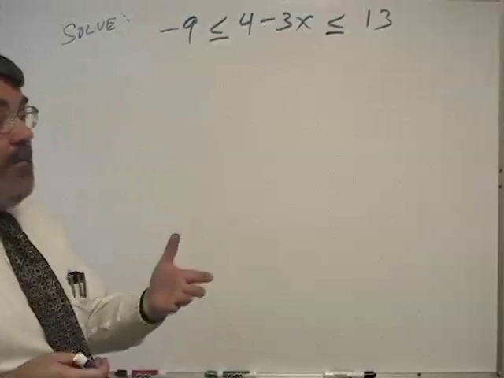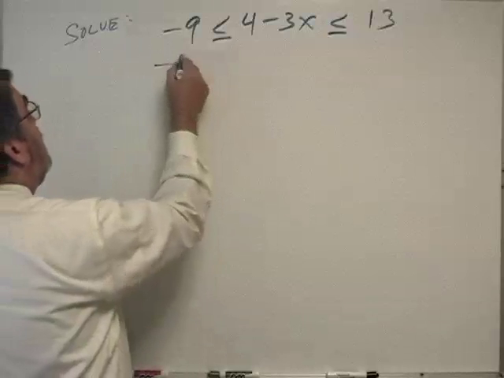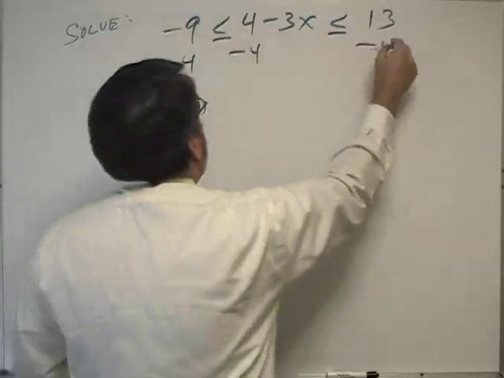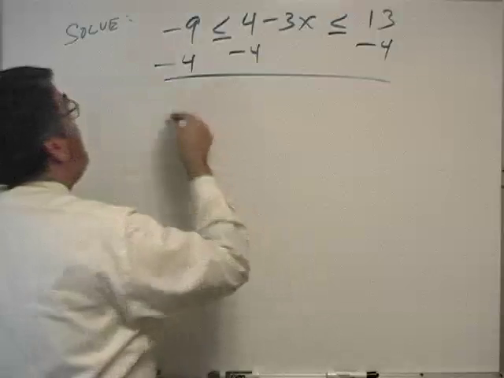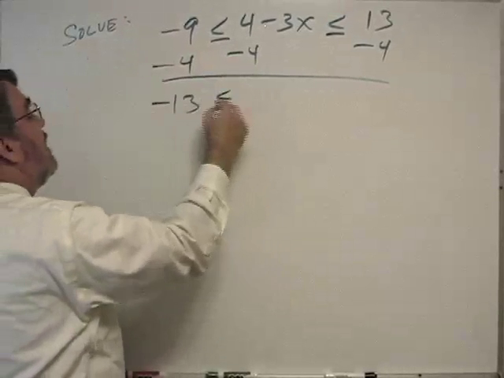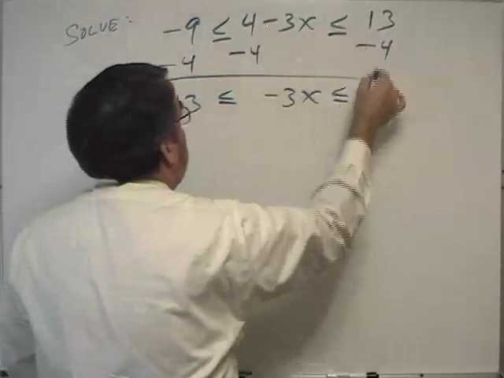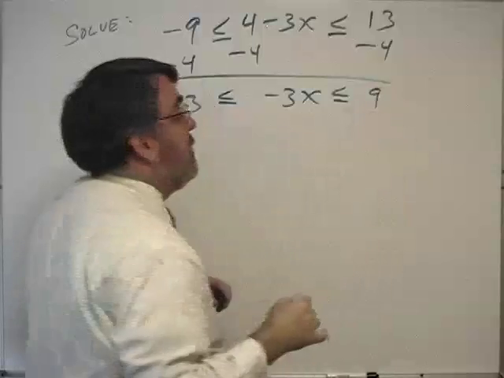All right, so our first step would probably be to subtract 4 from all parts. So I'll subtract 4, and this gives us negative 13 is less than or equal to negative 3x, which in turn is less than or equal to 9.